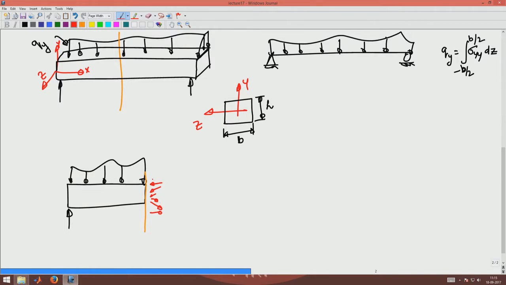So, the traction we will see changes like this across the depth y of the cross section. So, the traction will change across the depth of the cross section both in magnitude and in direction in a general loading case.